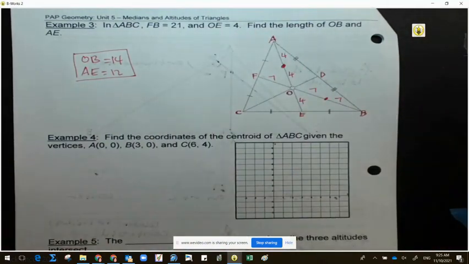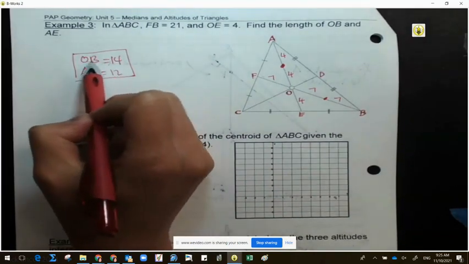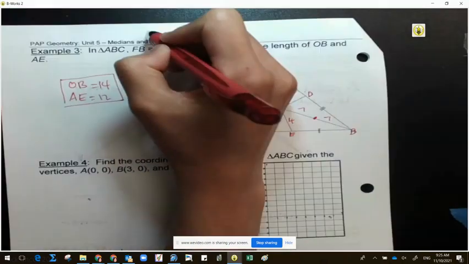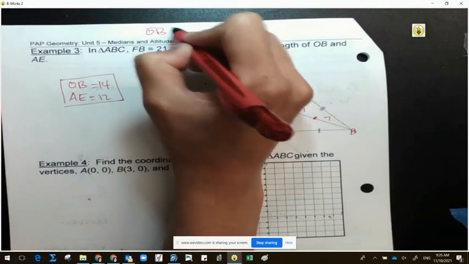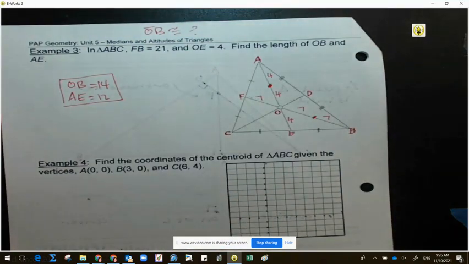That's if it's a picture. So numbers are a measurement, so it'll just be 14. But when I say OB, that will be congruent to some other segment. So you're being very specific, which I like.